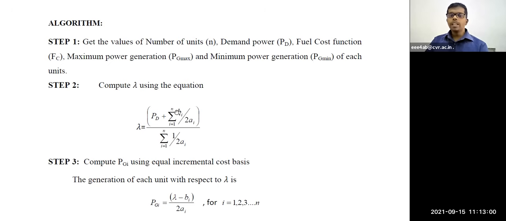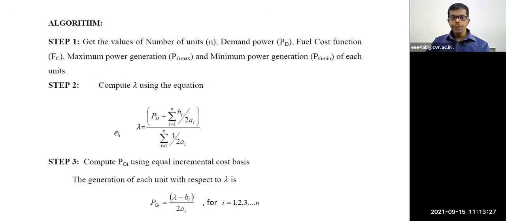Similarly in the denominator, we neglect 1 divided by 2A1 and take only 1 divided by 2A2 plus 1 divided by 2A3. That alone you sum up and proceed further, because here we are adding PD new, since we already fixed the generation and are calculating the lambda new value.